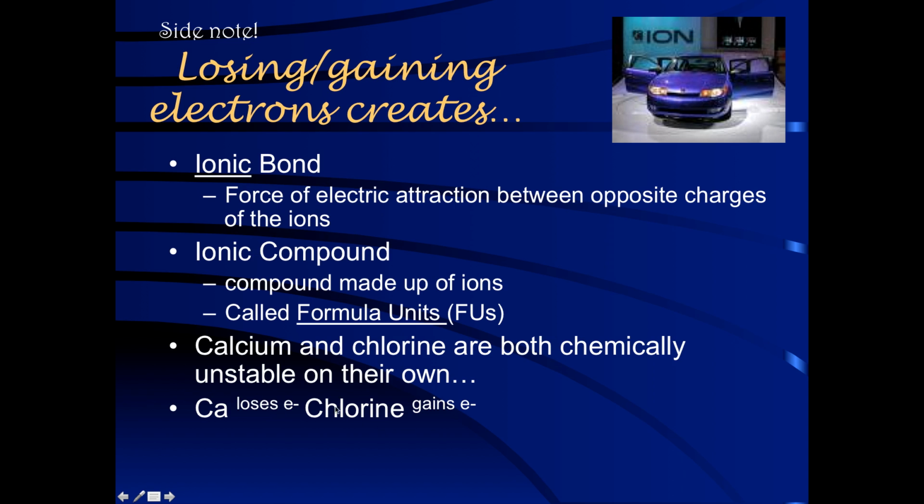This nucleus is strong enough to actually take an electron away, so this gains, this loses. Negative charge, positive charge, and so they come together to be stable. They attract to form a compound because of opposite charges. Positive because it got rid of something negative, negative because it gained something negative, and because of that they attract to each other. Now they create a stable compound that's neutral, and in this case it would be called a formula unit.